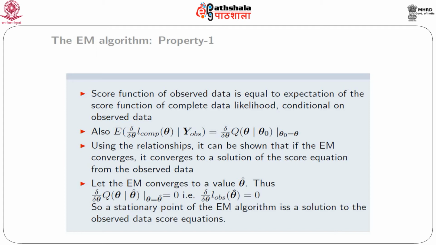Suppose we assume that the EM converges to the value theta hat, then q theta given theta hat is maximum at theta hat. That means del theta of q theta given theta hat at theta hat is 0, that is, del theta of the log likelihood of the observed values at theta hat is 0. So, a stationary point of the EM algorithm, theta hat, is a solution to the observed data score equations.